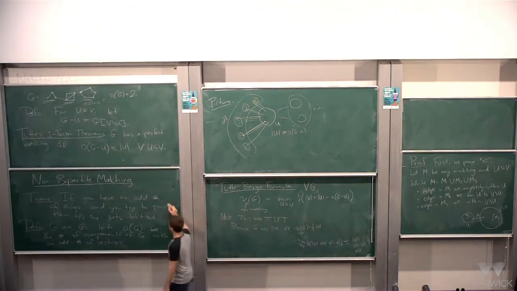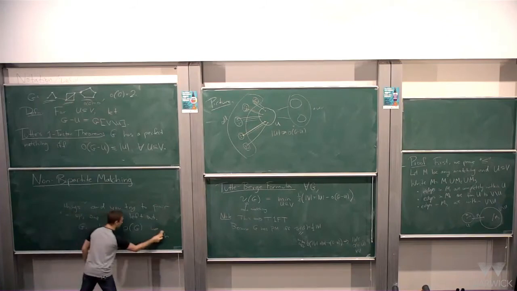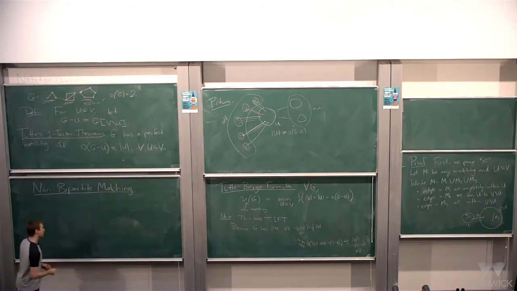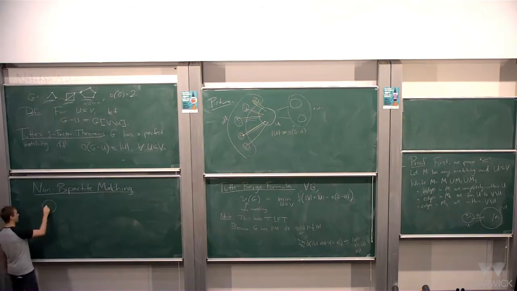Okay, so now, if you look at the set U, for every edge of M1, I count 2 times the number of edges in M1, and for an edge of M2, I count 1 times the number of edges of M2, right?